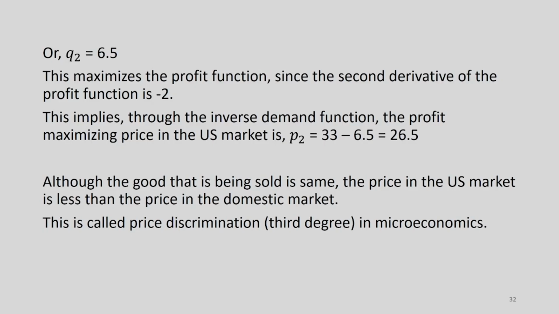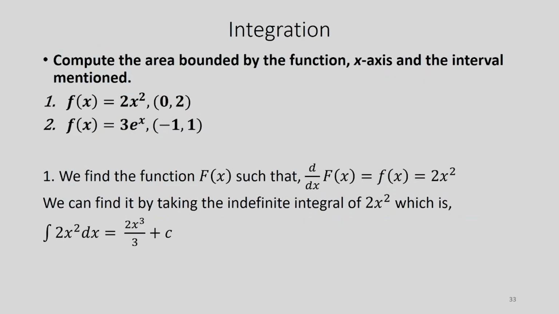This was the last problem. This was about maximizing profits in two simultaneous markets. The producer is selling his product. So in this case, how the producer decides how much good he will sell in these two markets, and what will be the prices that he will charge from these two markets. This is called price discrimination that we have seen in the previous lecture.